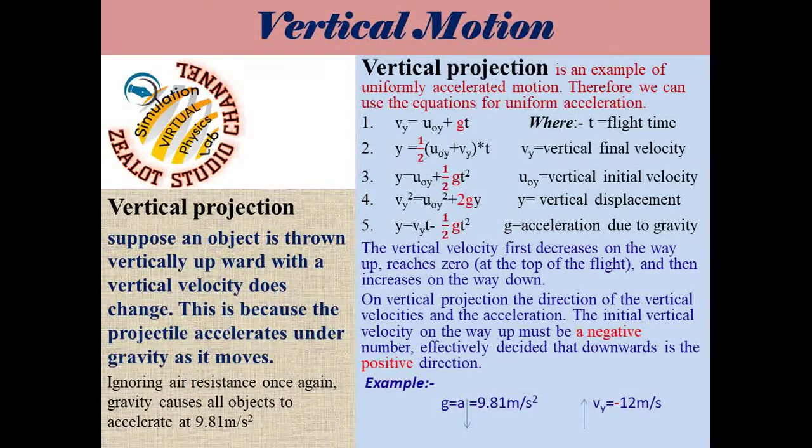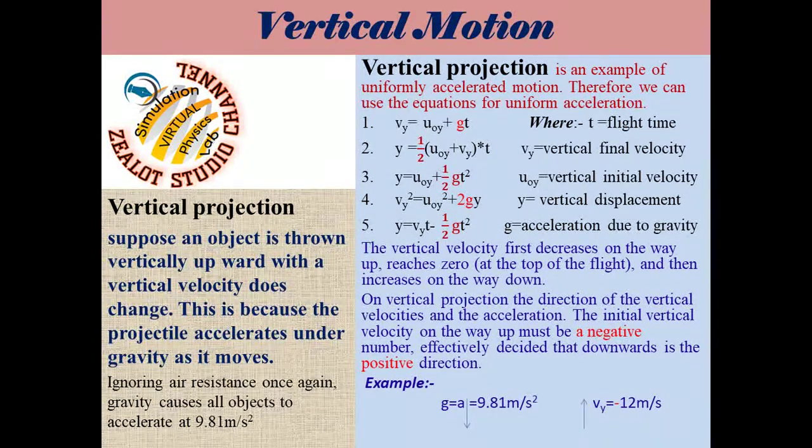Vy means the vertical final velocity, and u0y means the initial vertical velocity, plus g times t. g means the acceleration of gravity, t means the flight time.